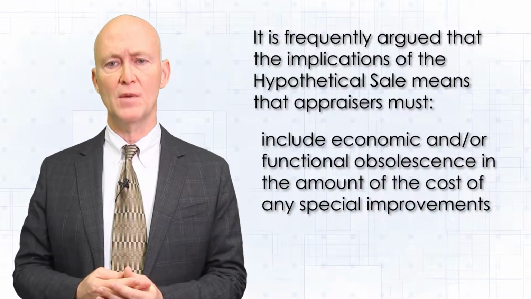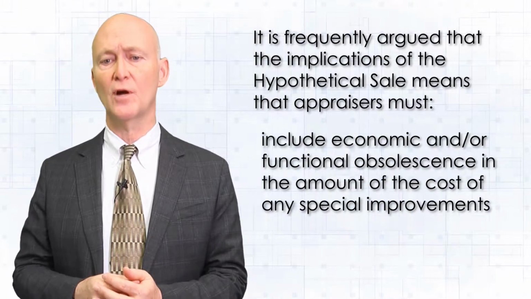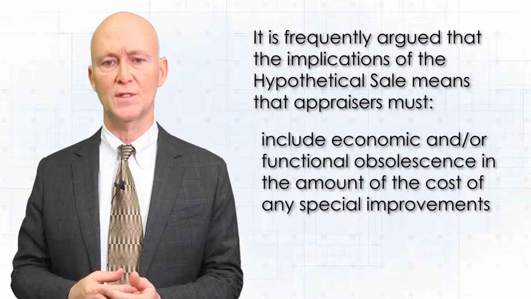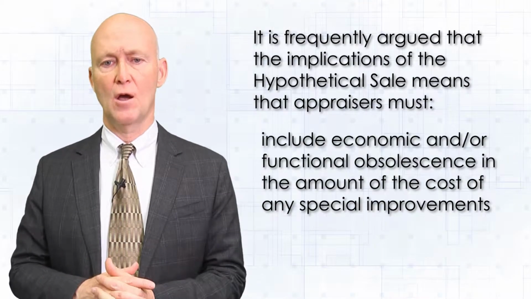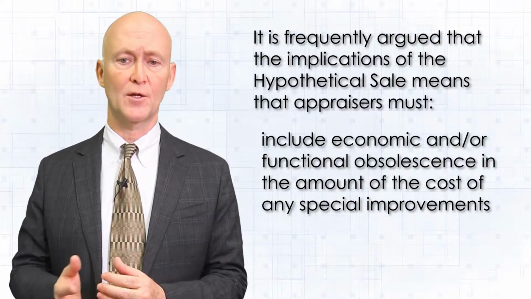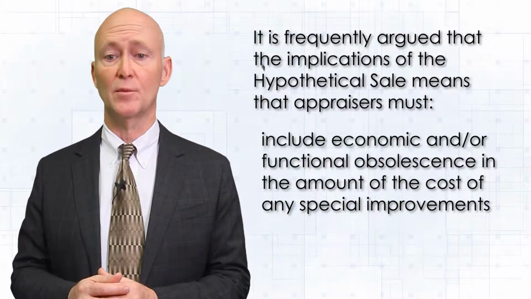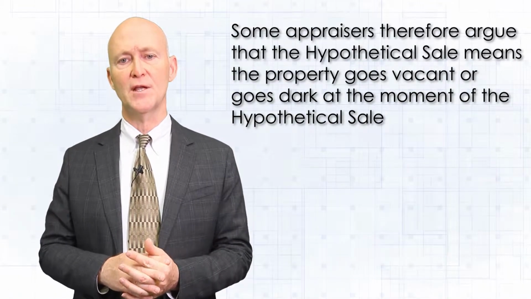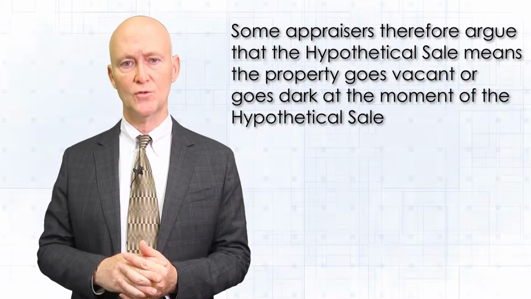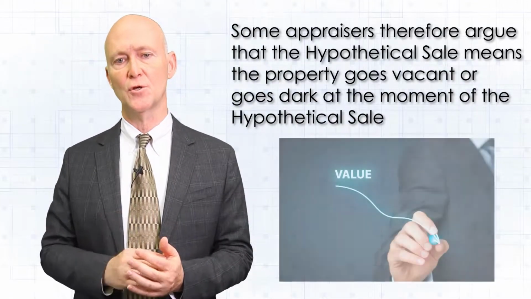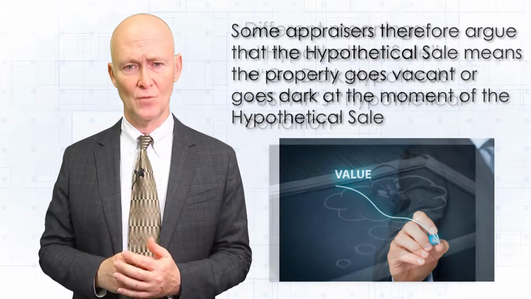And three, they must include economic and/or functional obsolescence in the amount of the cost of any special improvements, even if those improvements are economic and functional to the current user and occupant who does not intend to leave the property. Some appraisers therefore argue that the hypothetical sale means a property goes vacant and goes dark at the moment of the hypothetical sale, thus resulting in substantially lower value.